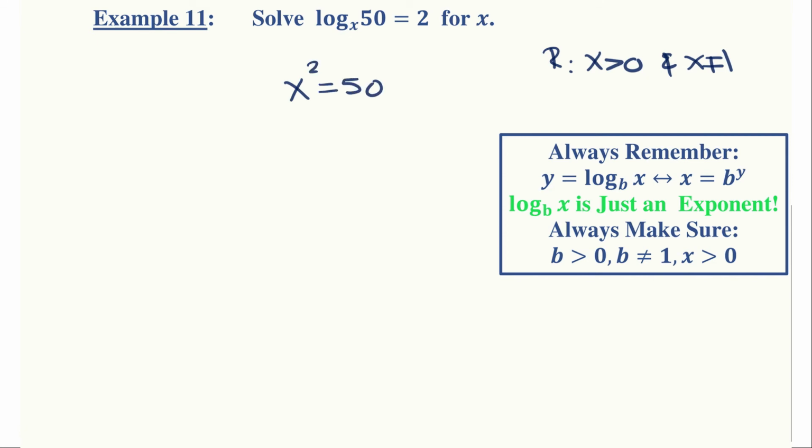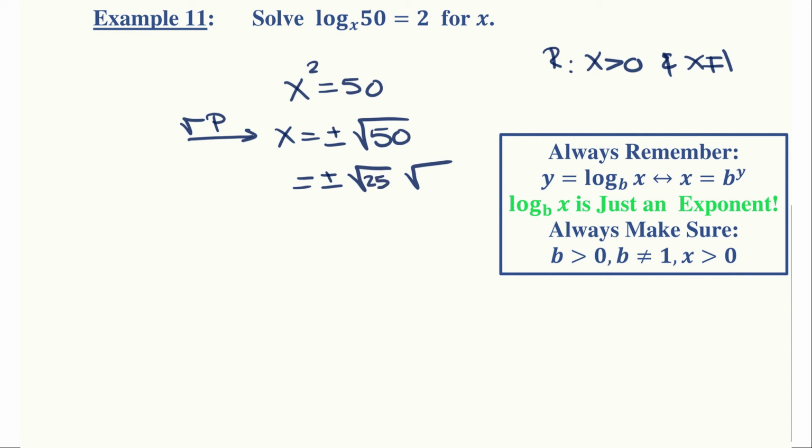So notice that when you apply the square root property to solve this, we get x equals plus or minus square root of 50, which is, of course, equal to plus or minus, if we break it up, this time we know 25 is the largest perfect square factor of 50, and that leaves a 2. So we get plus or minus 5 radical 2.